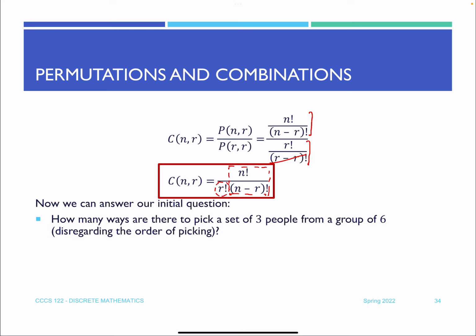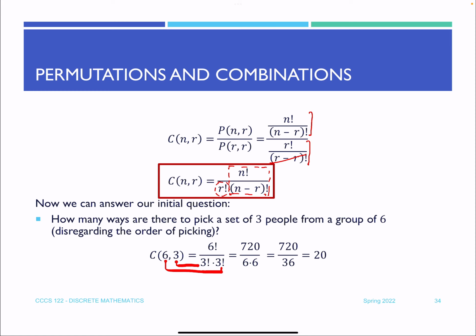Now we can answer the initial question. How many ways are there to pick 3 people from a group of 6, disregarding the order of picking? I just apply this newly discovered formula for combination, which makes it 6 factorial over 3 factorial, that's r, multiplied by 6 minus 3 factorial, that's n minus r factorial. 6 minus 3 is 3 factorial again.